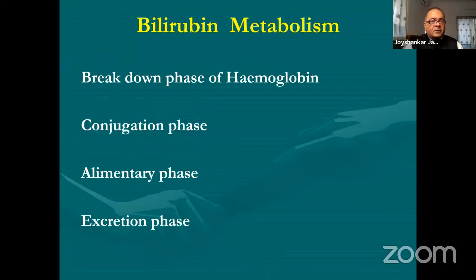Before the liver function test, you must know bilirubin metabolism. You start in your first MBBS with biochemistry. We all know it. I'm not going to go into details, just the steps: breakdown phase of hemoglobin, conjugation phase in the liver, alimentary phase, and excretion phase. Normal values also we know. Total serum bilirubin is up to 1 milligram percent, and direct is 0.25.